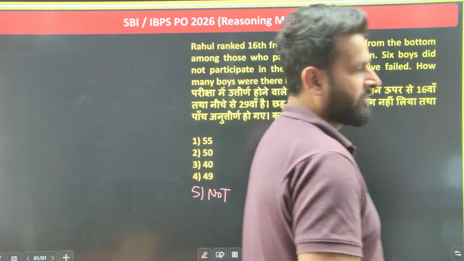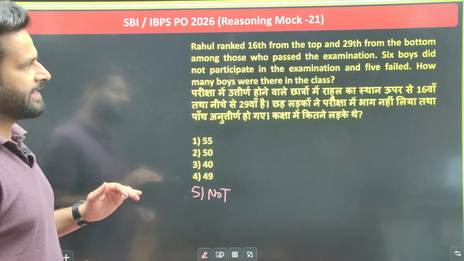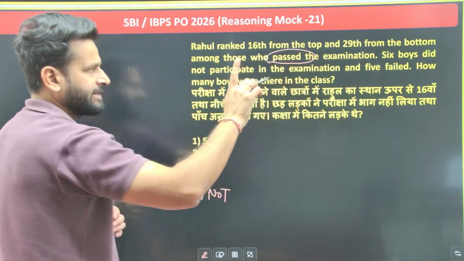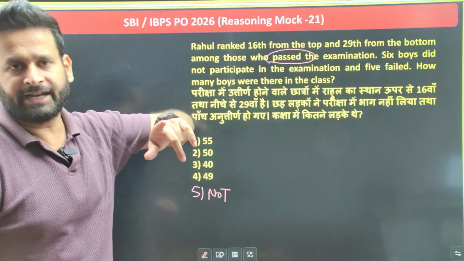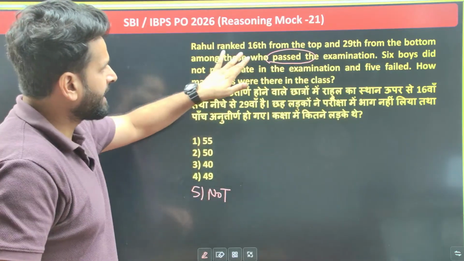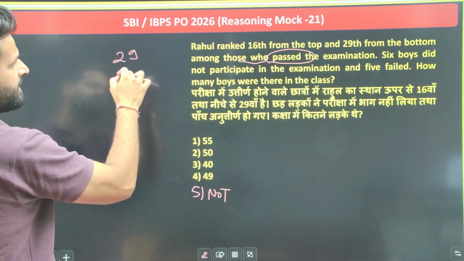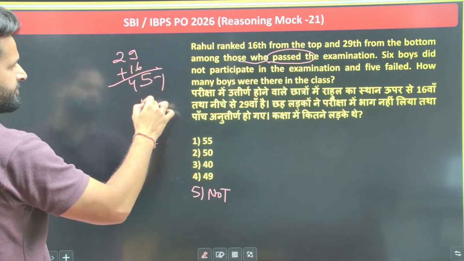Shall we see? Rahul is ranked 16th from top and 29th from bottom among those who passed the examination. So by using these two ranks, you will not get the total number of students. You will get the total number of students who have passed the examination. So 29 plus 16, 45, minus 1, 44.